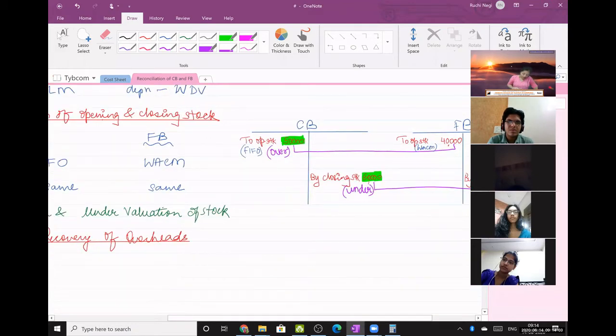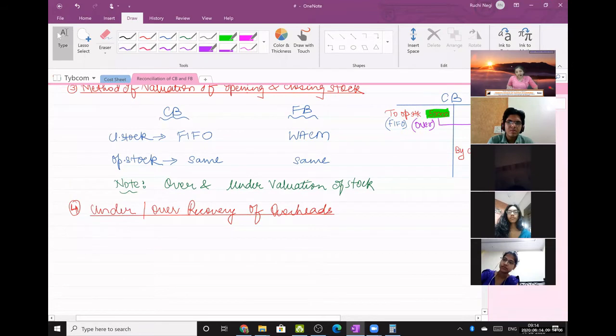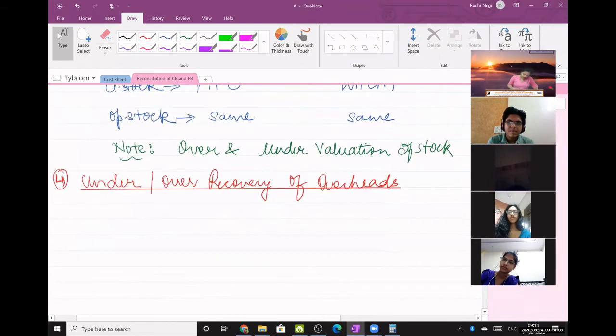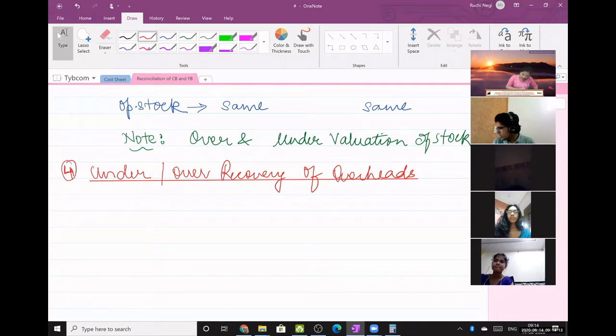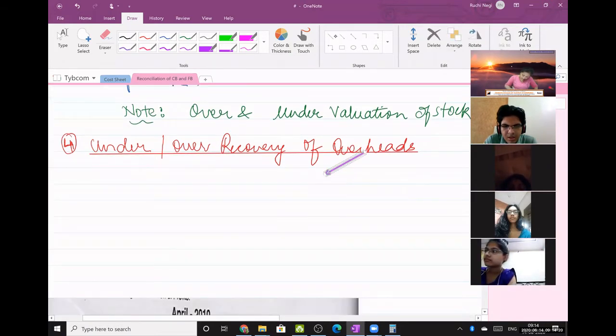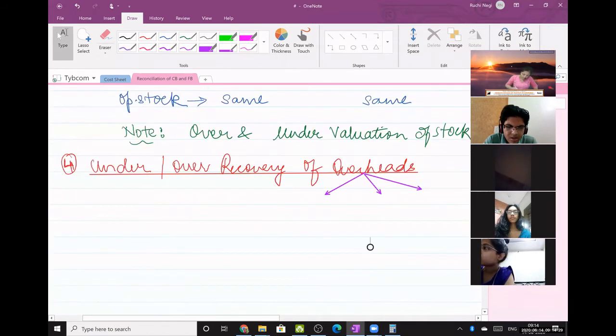Next, under recovery and over recovery of overheads. Now let us come to this. अभी ओवरहेड्स में तो मेरे पास कितने ओवरहेड्स है? How many overheads do I have? 3. So I'll give you example of all 3. Okay.